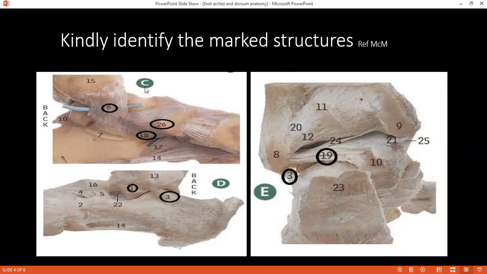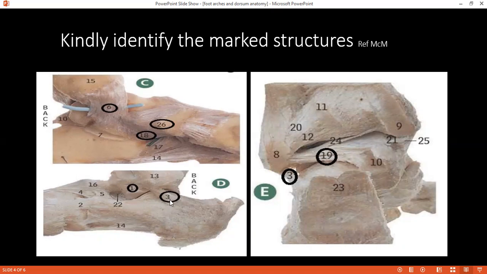Moving on, look at images C, D, and E. In image C, identify number 6, please. Number 6 is the deltoid ligament. 18, please. 18 is the spring ligament, the calcaneonavicular ligament. 26, please. 26 is the tuberosity of navicular bone. Moving on to image D, identify number 1. 1 is the cervical ligament. 3, please.